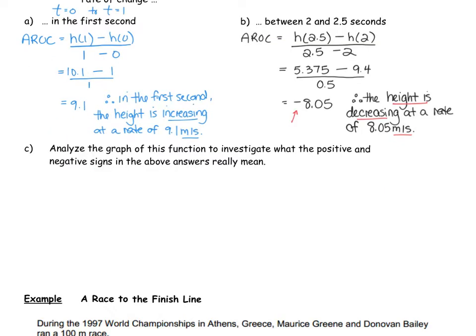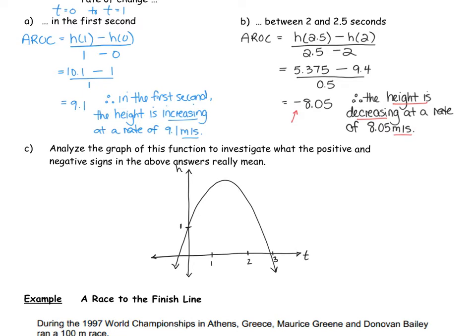Now, just to make sure you really understand this, I want to give you sort of a graphical interpretation of what this means. So just using Desmos, if you can take a second and punch that football formula into Desmos, h of t equals negative 4.9 t squared plus 14t plus 1, and draw a quick little rough sketch. Okay, so the exact points don't really matter. I just want you to get the idea here.